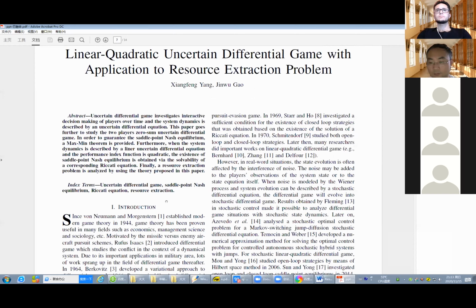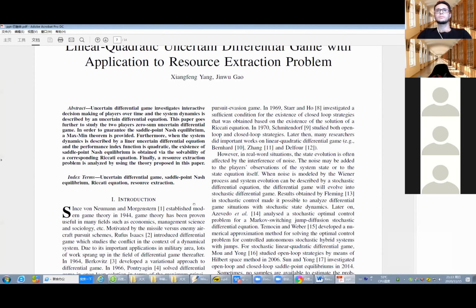This problem is often asked by people. Sometimes no samples are available to estimate the probability distribution.